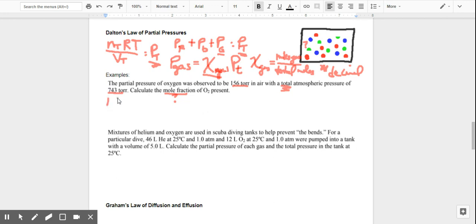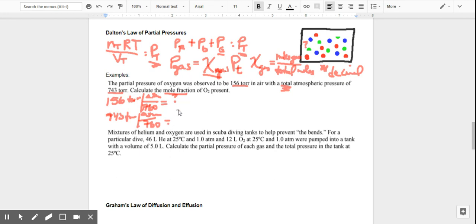So I'm going to take my 156 torr and I'm going to divide by 760 to get into atm. I also want to do that for the 743. So 743 torr divided by 760 to get into atm.